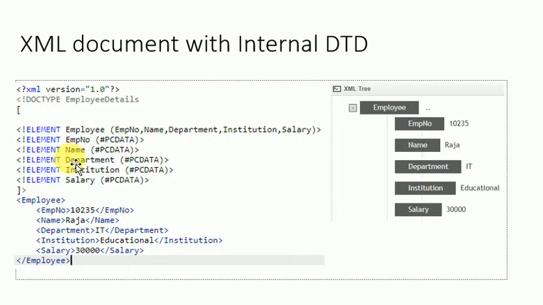So consider the element declaration for name. It has been declared of type #PCDATA. This indicates that the element name can contain text only information. For example, here we have the tag or the element name, and it should contain only text data.